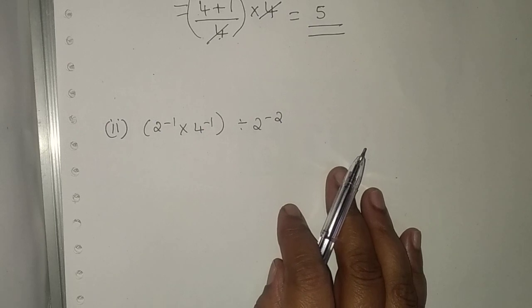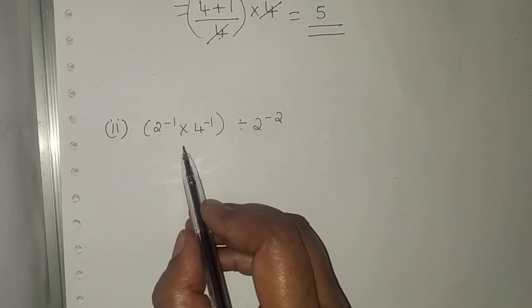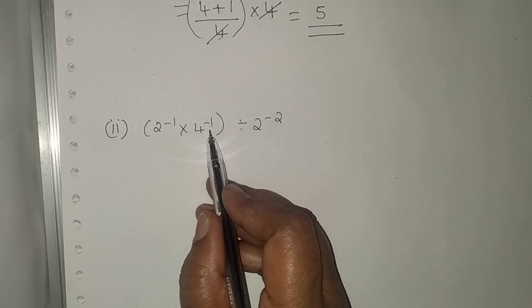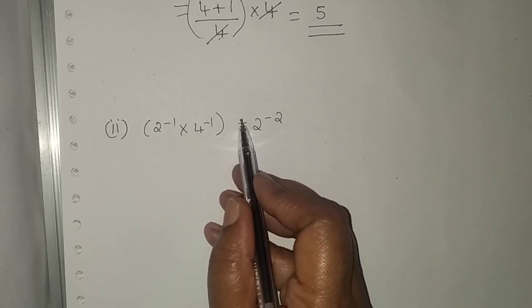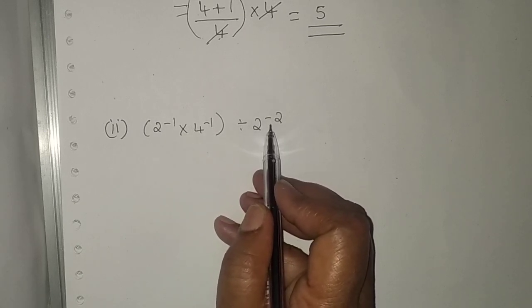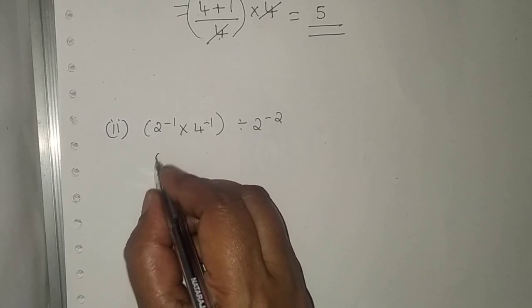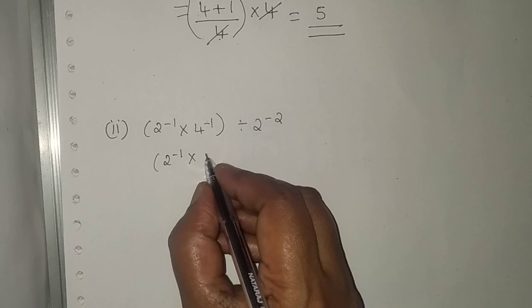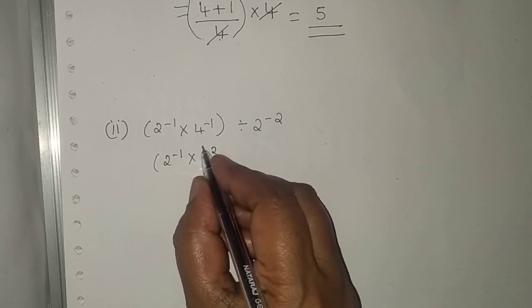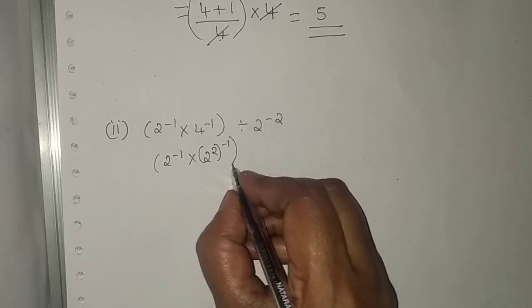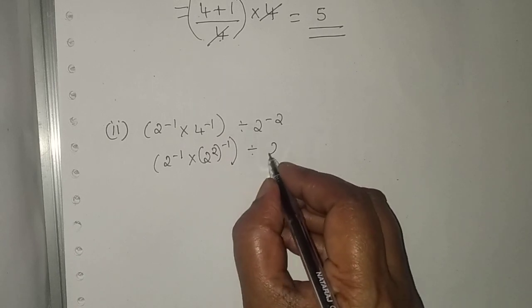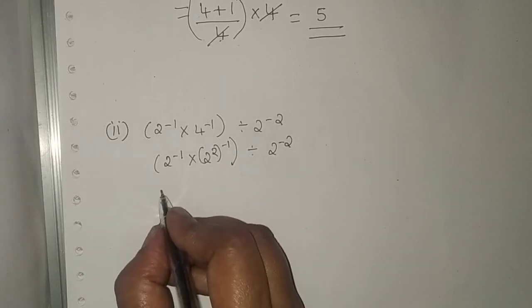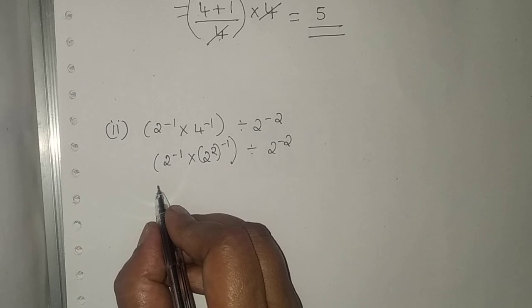So now next is 2 power minus 1 into 4 power minus 1 divided by 2 power minus 2. So in this one, 4 can be written as 2 square, to the power of minus 1, then divided by 2 power minus 2.